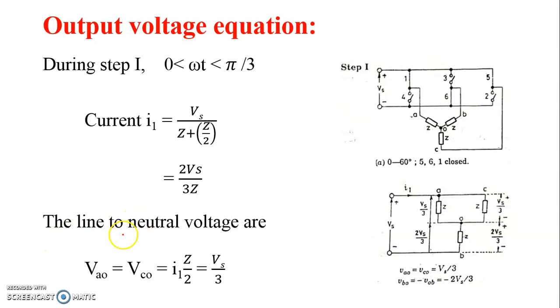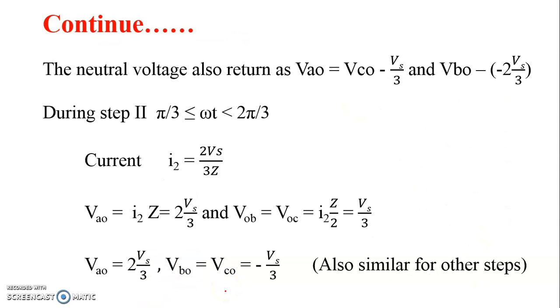Next, the line to neutral voltage, that is VA naught, VC naught, equal to, same formula, I into R. So I1 into Z by 2. Here R is Z by 2. So substituting the I1 value here, we get VA naught, VC naught equal to Vs by 3. So the neutral voltage is also written as VA naught equal to VC naught equal to Vs by 3 and VB naught equal to minus 2 Vs by 3.